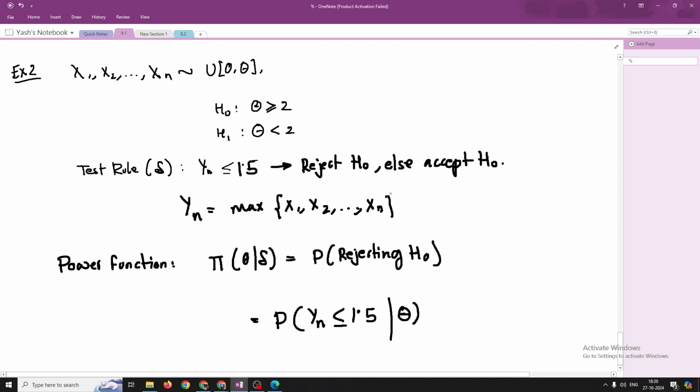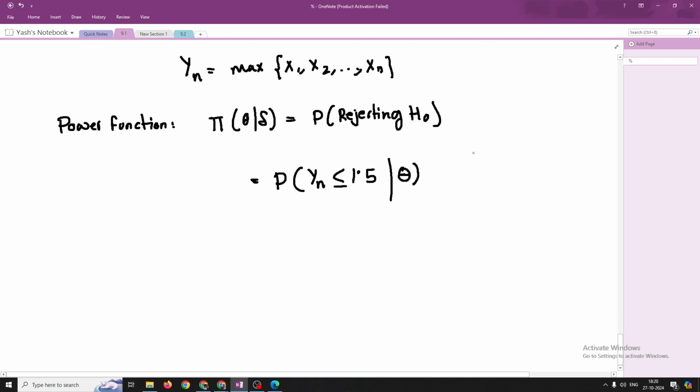So in general, let's say X1, X2 to Xn follow a uniform 0 to theta distribution, and Yn is defined as the maximum of X1 to Xn.